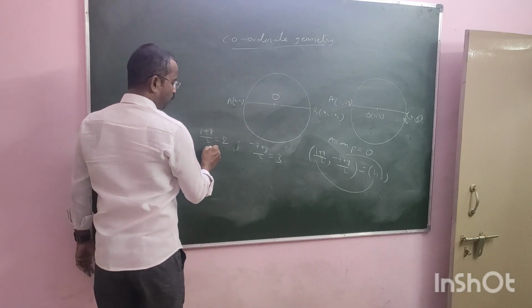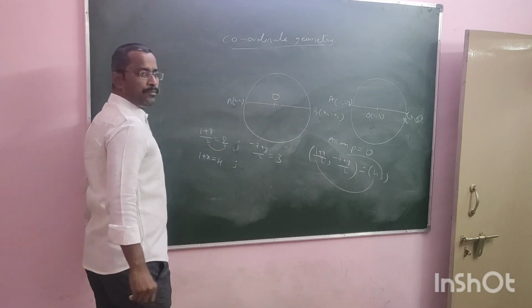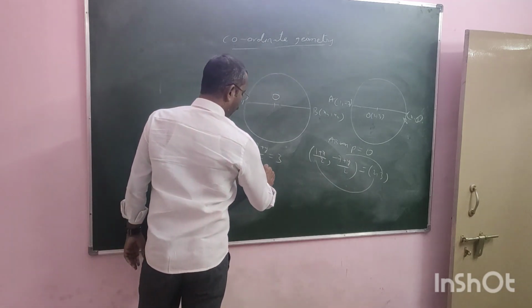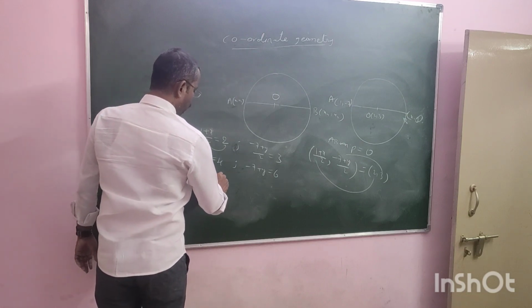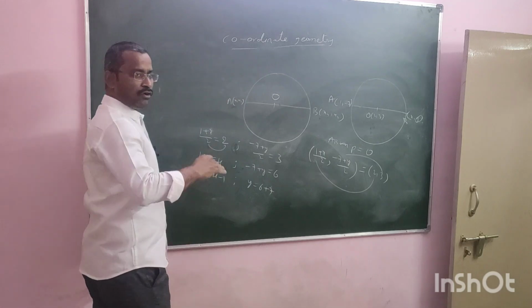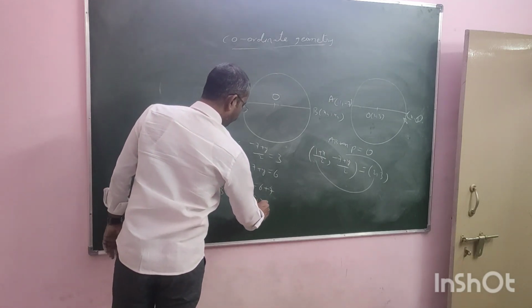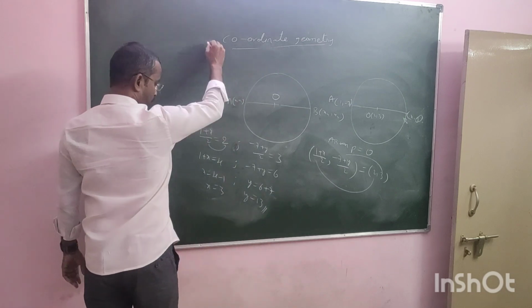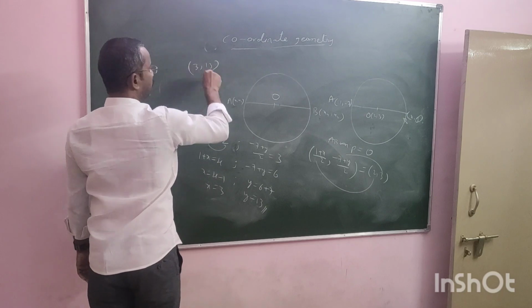Now transpose this 2 to the other side. 1 plus x is equal to 4, minus 7 plus y is equal to 6. x is equal to 4 minus 1, y is equal to 6 plus 7, because minus 7 becomes a plus. So x is equal to 3, y is equal to 13. Now your other end will be 3 comma 13. That's it.